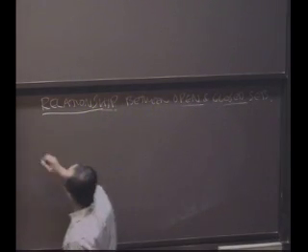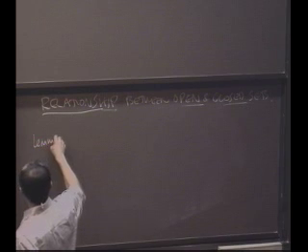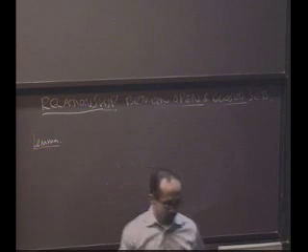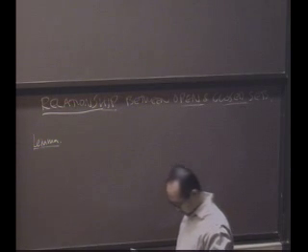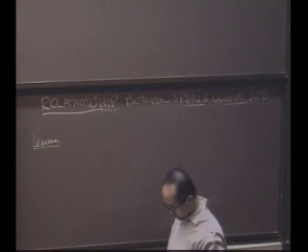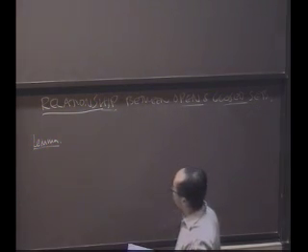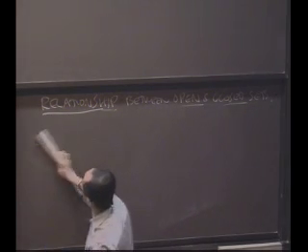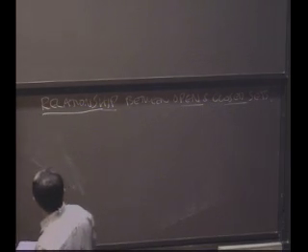Let me prove a lemma that will perhaps help us see some things. Okay, well, actually, let me not prove a lemma. Let me just state the theorem first that we want to show.